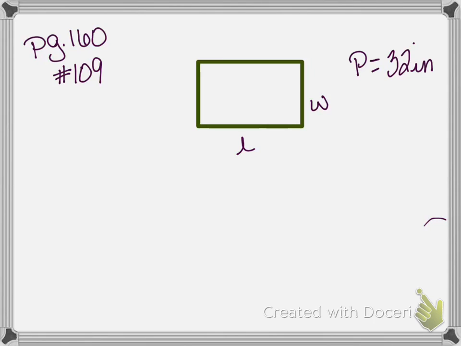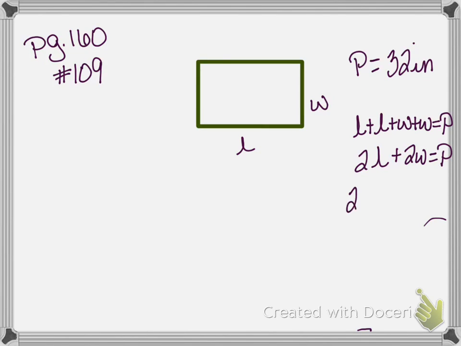So our perimeter would be length plus width plus length plus width. We can also write that as 2L plus 2W. And we are told that 2L plus 2W is 32, and that is just given in the word problem.